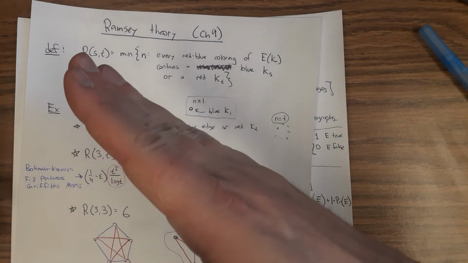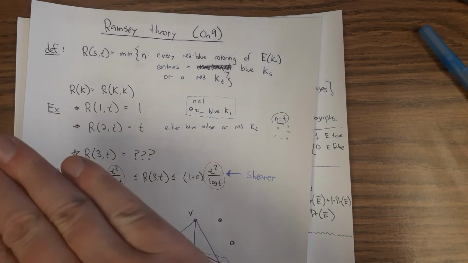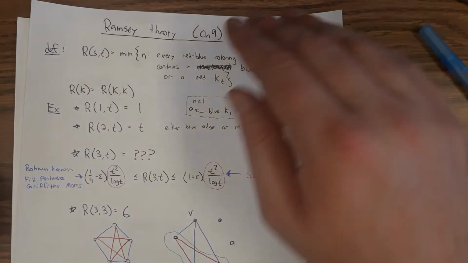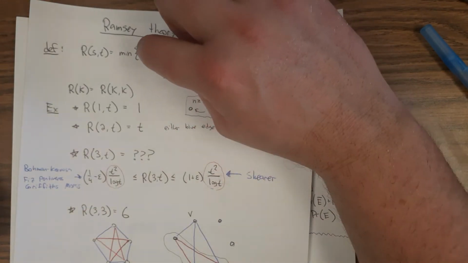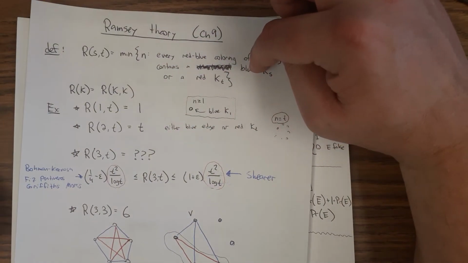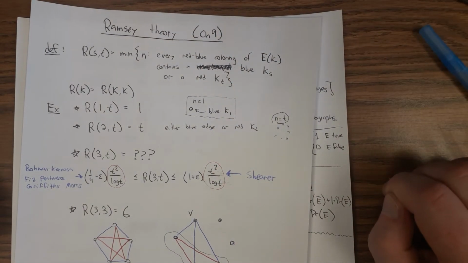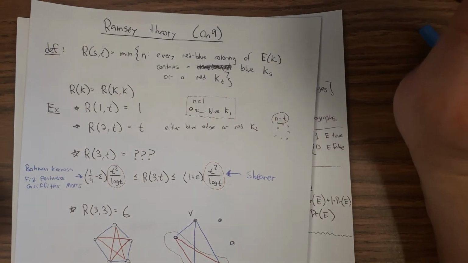There's a transition point where you have a bunch of small values of n that do not satisfy this property, and they're all consecutive, and then suddenly you'll have one value of n that does satisfy this property, and after that every value of n satisfies this property. And then of course the Ramsey number is the smallest value of n that satisfies this property.